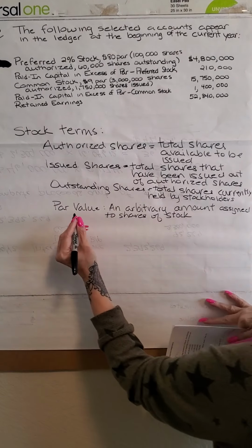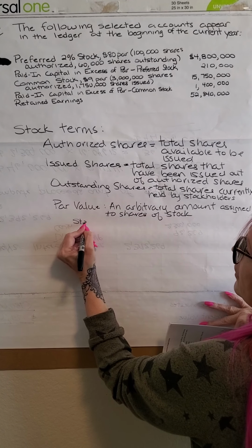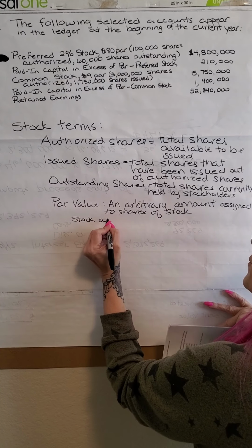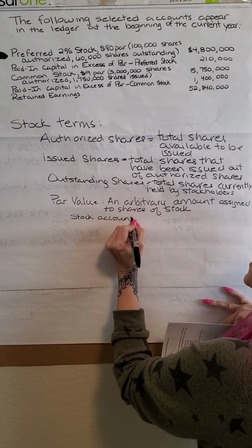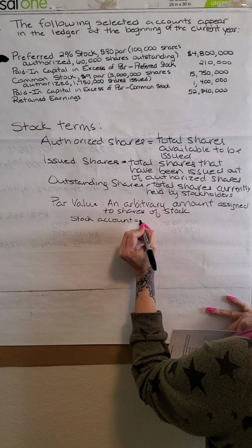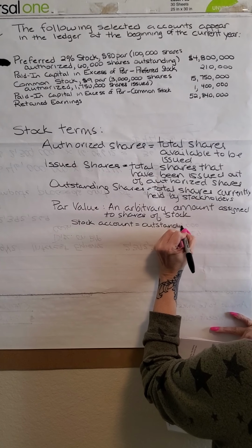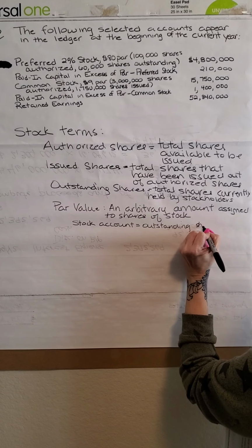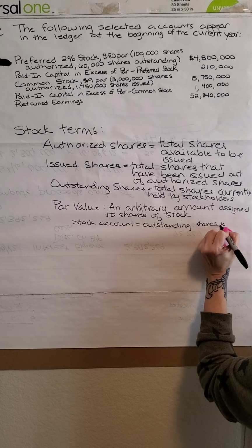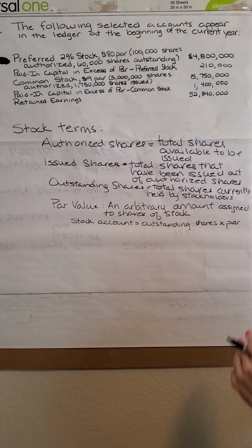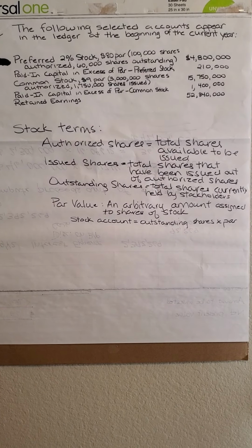So the stock account equals outstanding shares times the par value, and that's for both preferred or common stock.